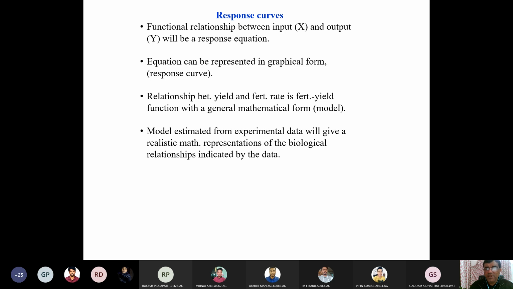The relationship between yield and fertilizer rate is the fertilizer yield equation, or fertilizer yield function, or fertilizer yield model. A model estimated from experimental data will give a realistic mathematical representation of the biological relationship indicated by the data. So we will make the mathematical relationship between input and output. That will be called a model.